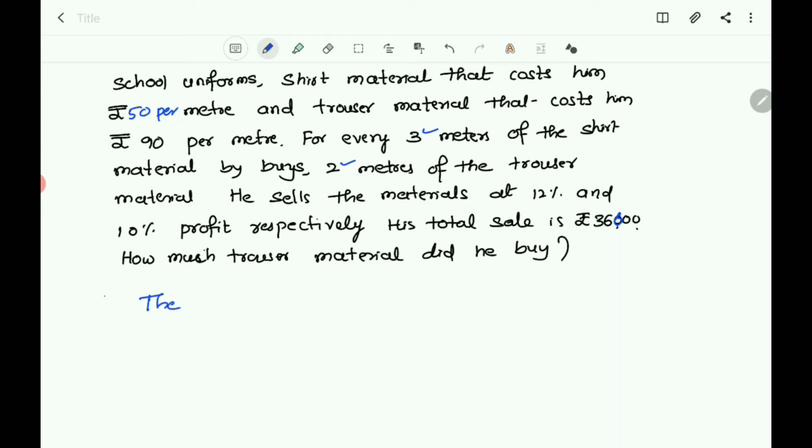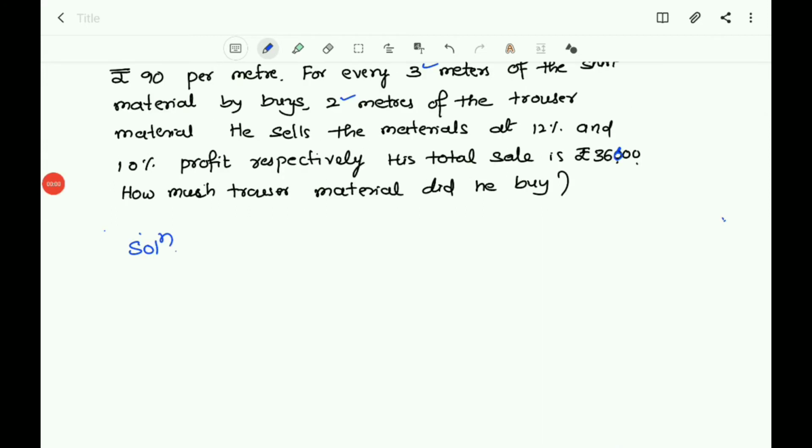Here is the solution for that question. The ratio between the length of the shirt material and the length of the trouser material is given, that is 3:2.